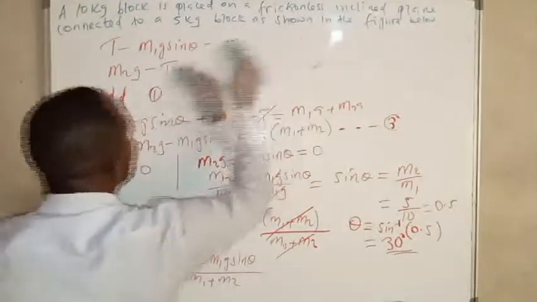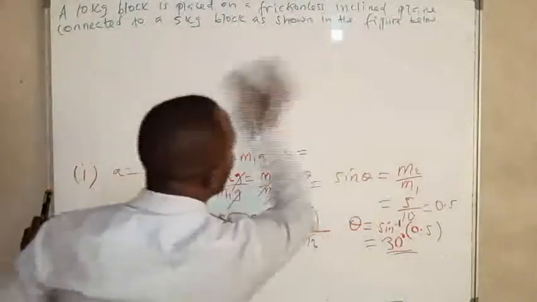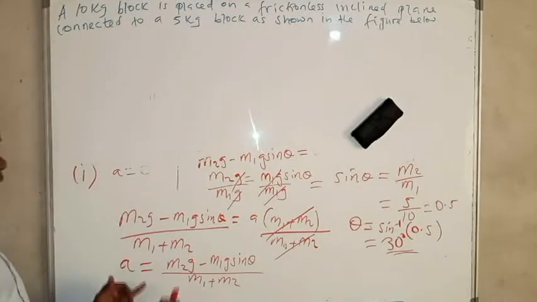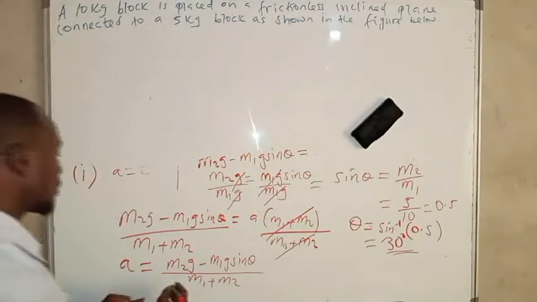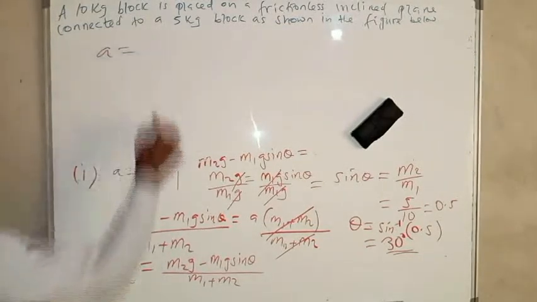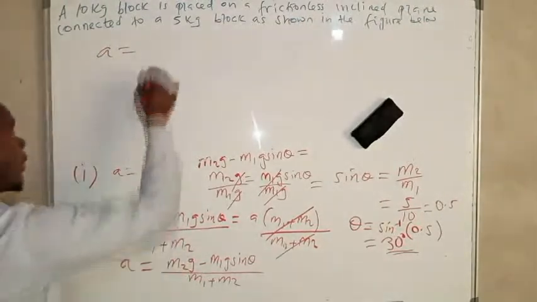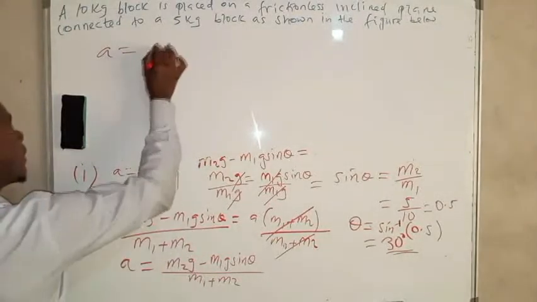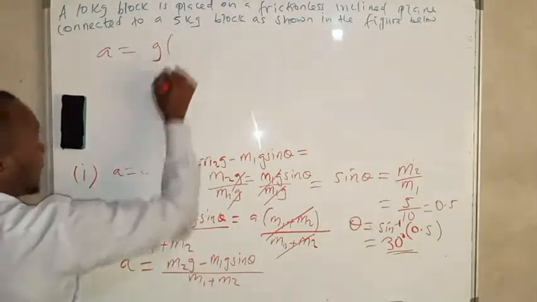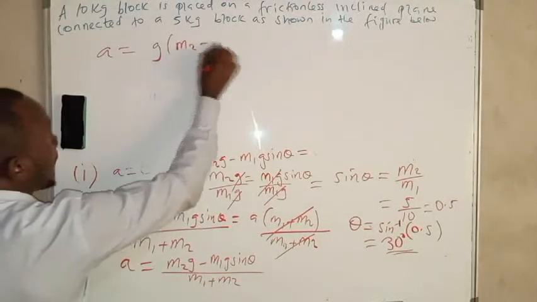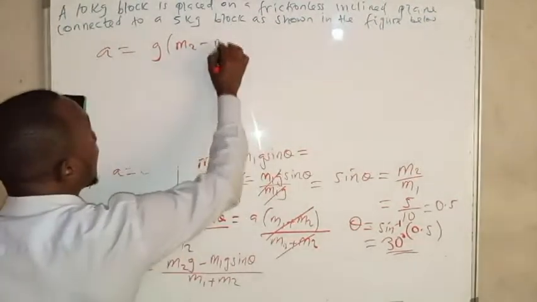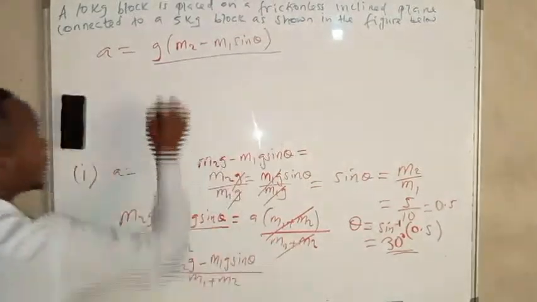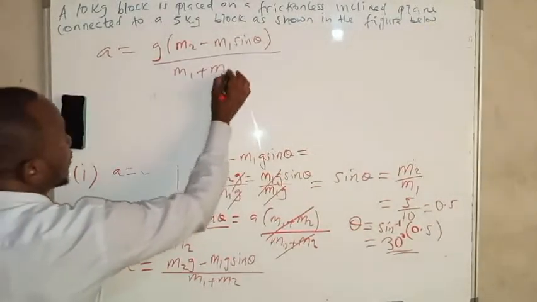Now the question asks us to find it for this angle, so we're just going to plug in the values. So our a will be, since the g is the same, we can factor it out: g times m2 minus m1 sine theta over m1 plus m2.